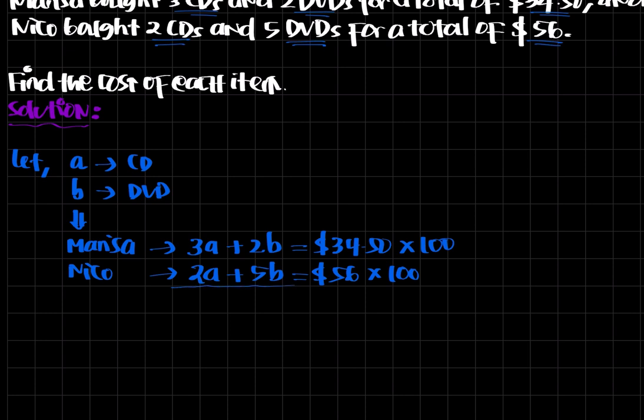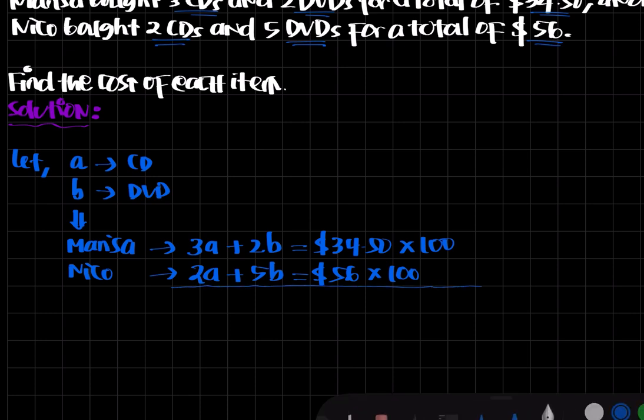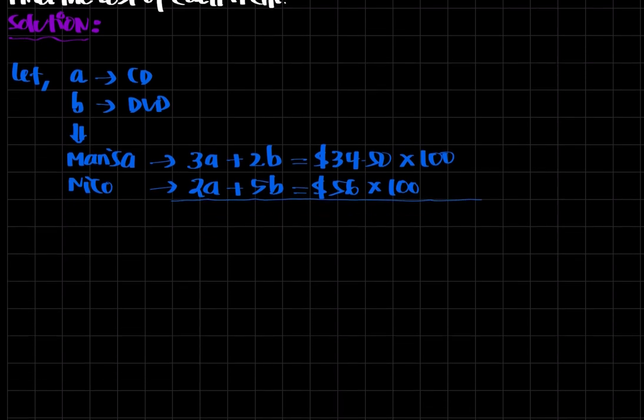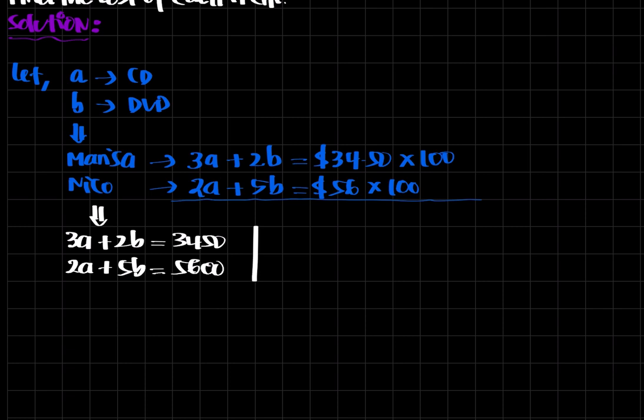So then we can convert it into 3A plus 2B equals 3450, and 2A plus 5B equals 5600. Now you can multiply: I'm going to multiply by 2 and by 3.